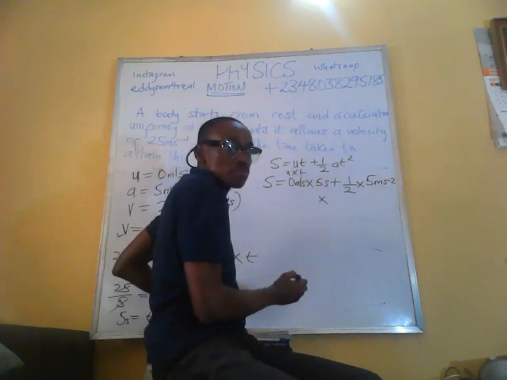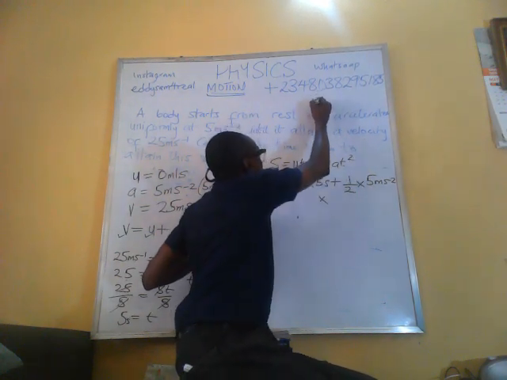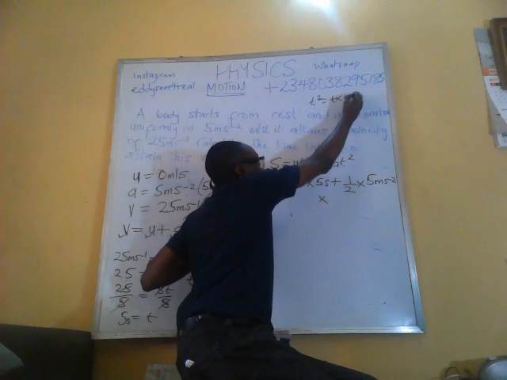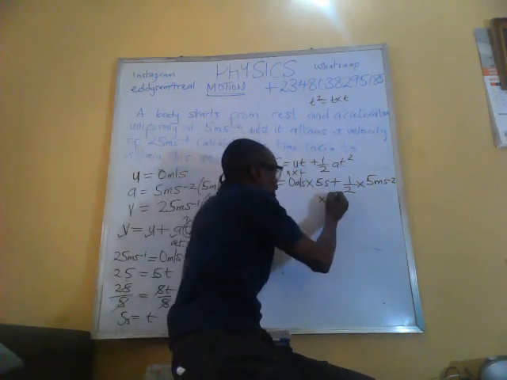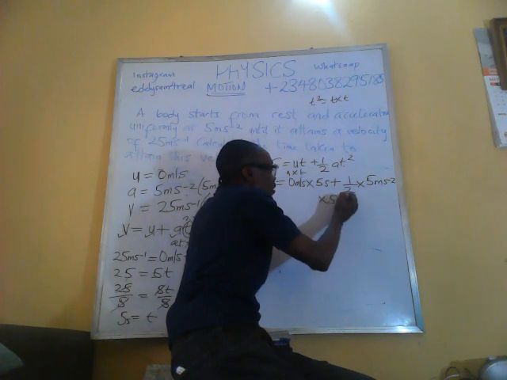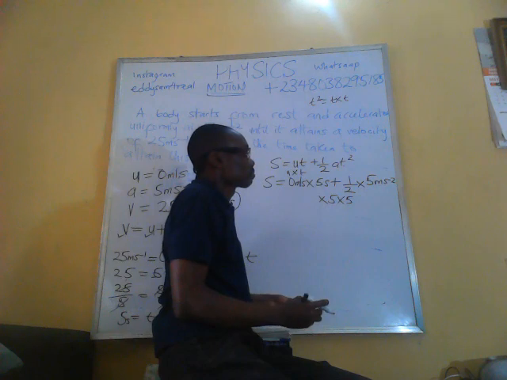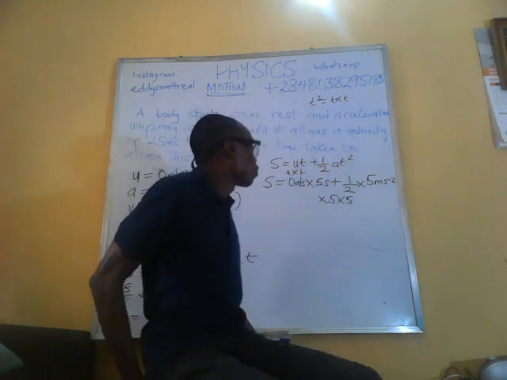Our t is 5, and t squared means t times t, so it's 5 times 5. Let's go ahead and solve.